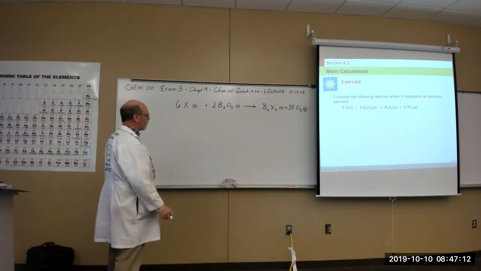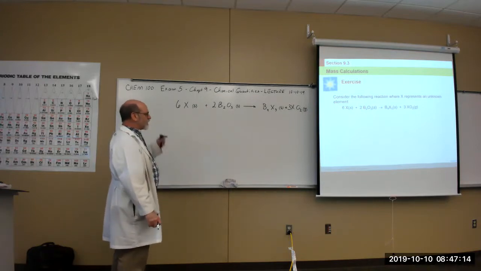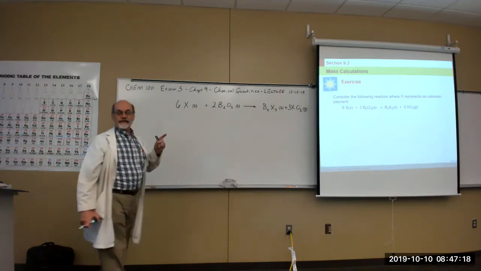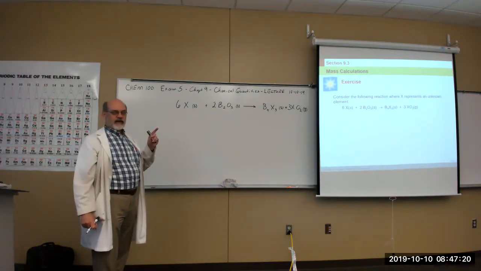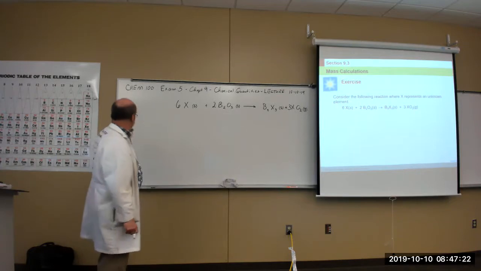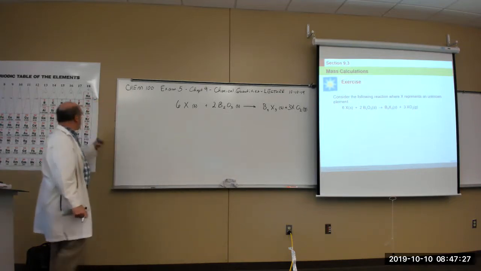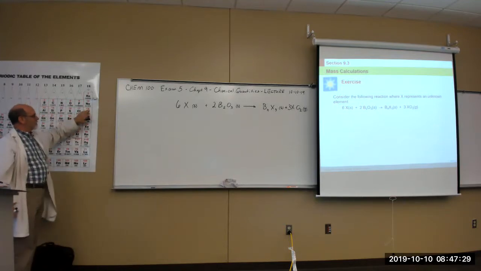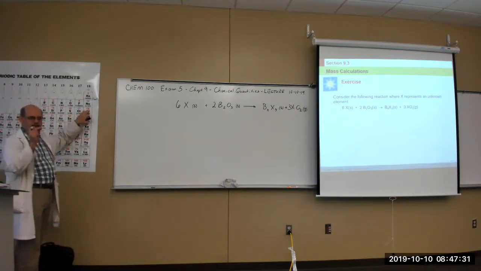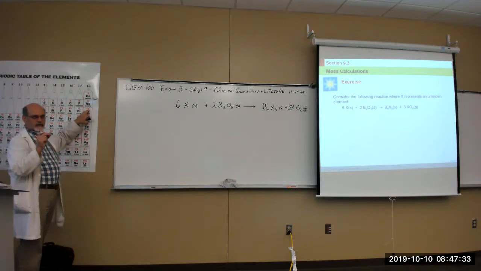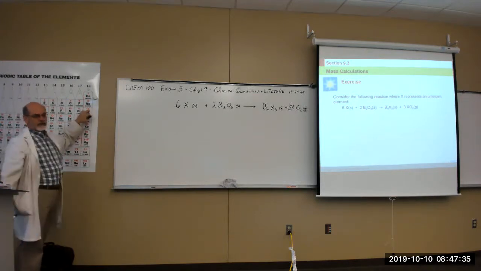Okay, what do we know? If we can determine the molar mass of X, then we stand a really good chance of finding out what it is just by searching the periodic table, right? We know that atomic numbers tell us exactly what it is, but there's no way we can get the atomic number out of this.